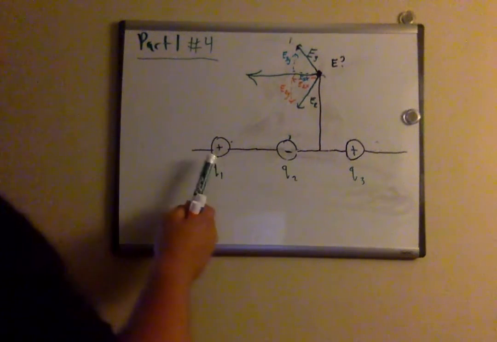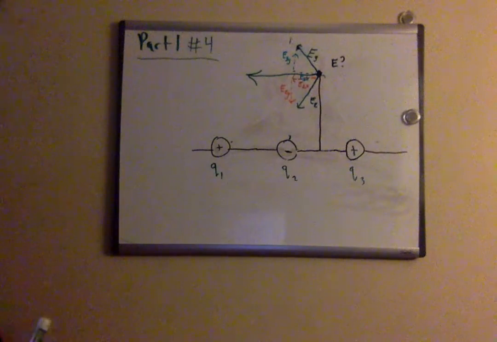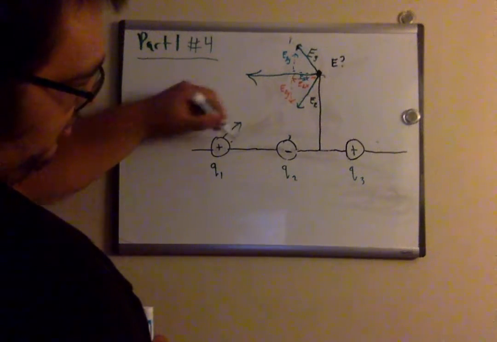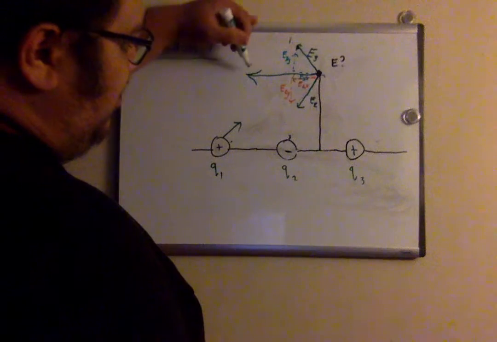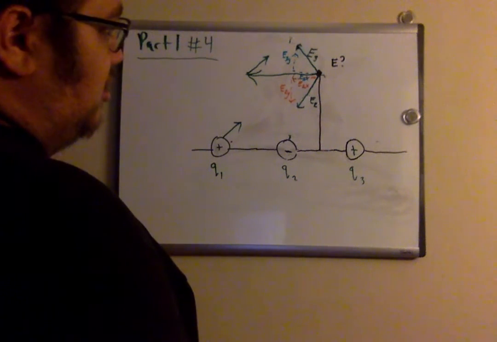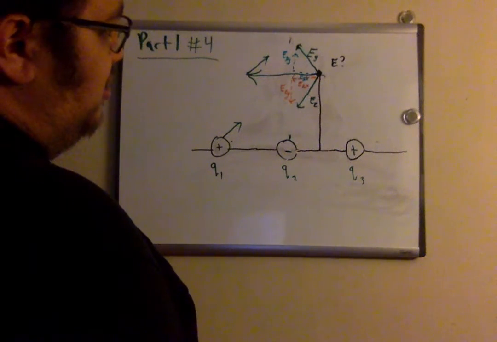Now we need to look at, for this positive charge, the electric field. Well, we know the electric field from positive charges points away. And so if we add that on to here, it's going to point in that direction. So it's essentially going to go up.